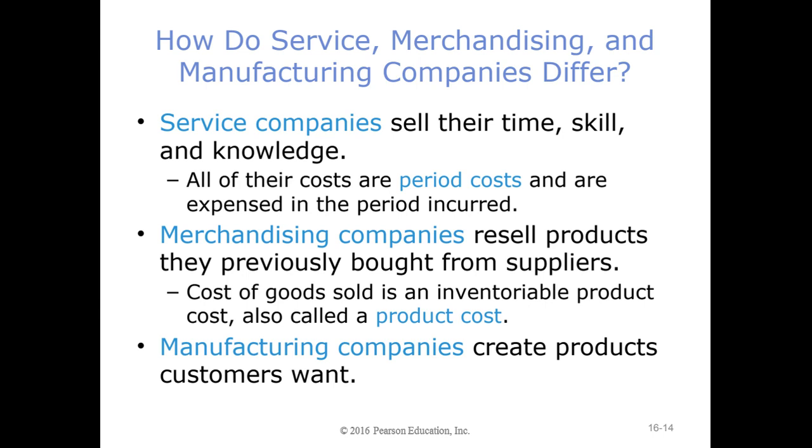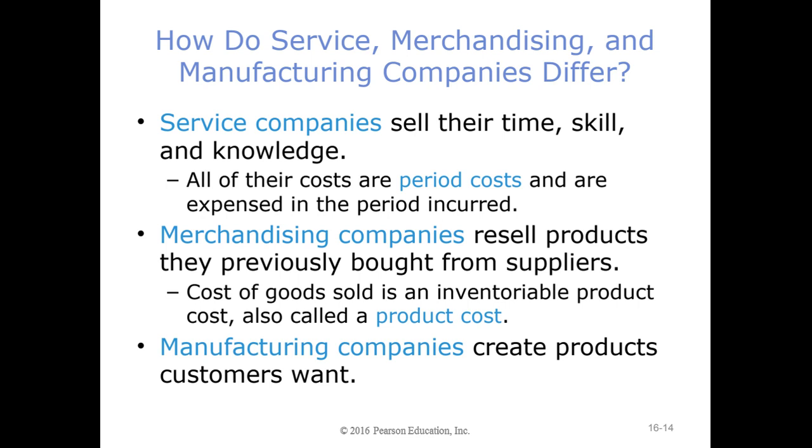So, merchandising companies resell products they previously bought from suppliers, and a lot of times they buy things in bulk or when things are on sale so that they can turn around and sell it at a price more than what they paid for, so that it's worth it for them to resell it. Their cost of goods sold is an inventoriable product cost, which we call a product cost.